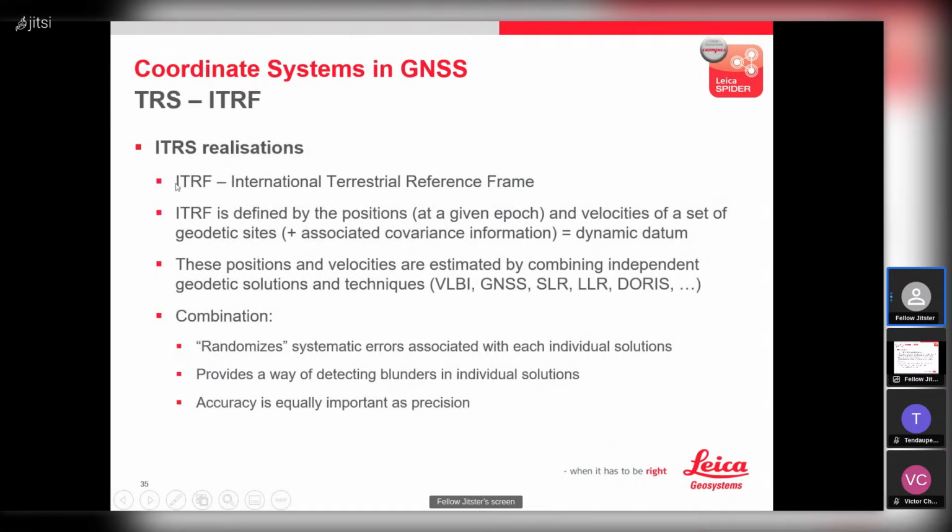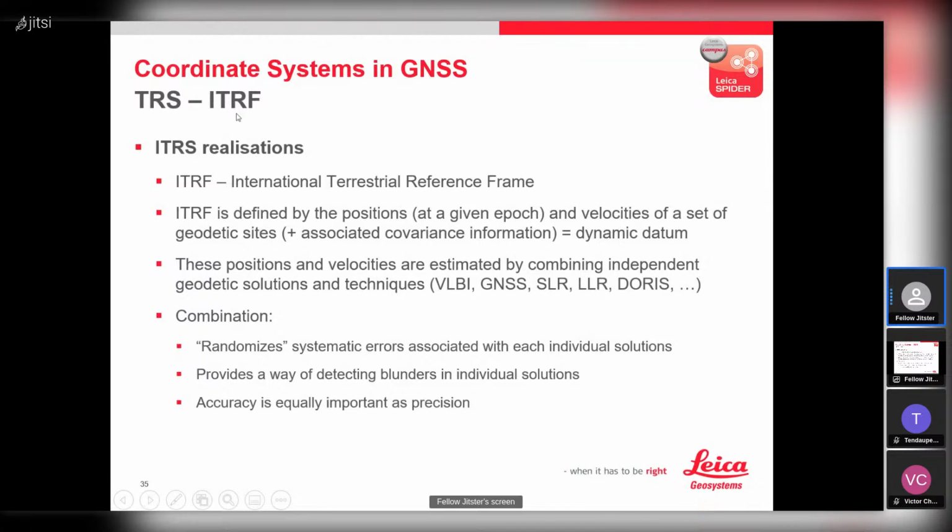And the realization is called, as I said already before, ITRF, or International Terrestrial Reference Frames. And these realizations are defined basically as a set of positions at a given epoch, this is important, and also velocities of a set of geodetic sites. So this is what we call a dynamic datum. So except for the coordinates, it will also get velocities, and it will get a reference time for which these velocities are computed.